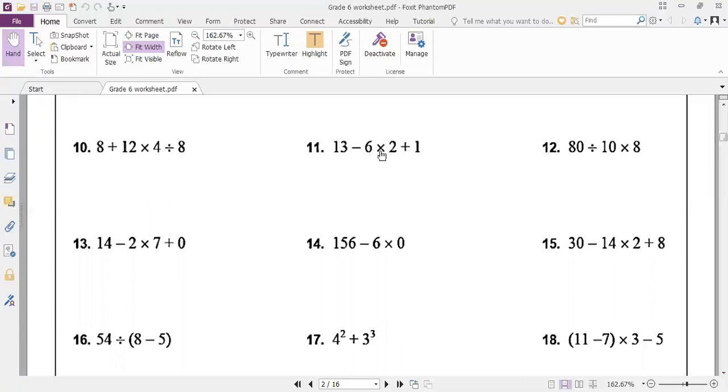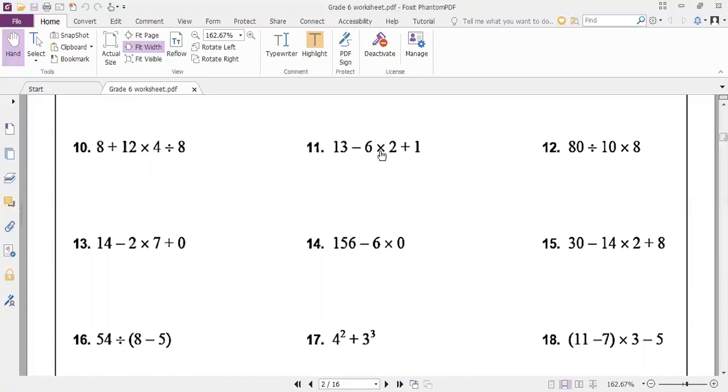Listen, if I have 13 minus 12, speak up please. Raise your voice. If I do from the left to right, it's 13 minus 12.